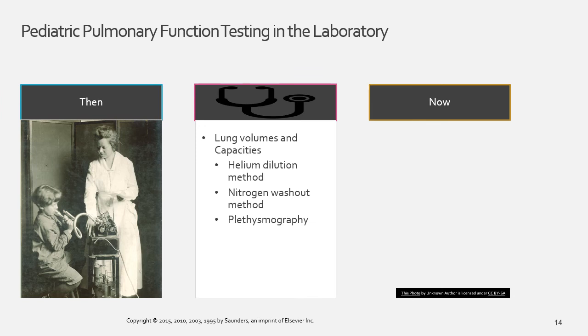This technique uses the principle that the concentration of a gas in one volume is proportional to the concentration of the same gas in another volume, provided there is no production or consumption of the measured gas. Therefore, knowing the concentration of the gas inside the lungs and outside, as well as knowing the external volume, allows calculation of the lung volume, done in a body box.